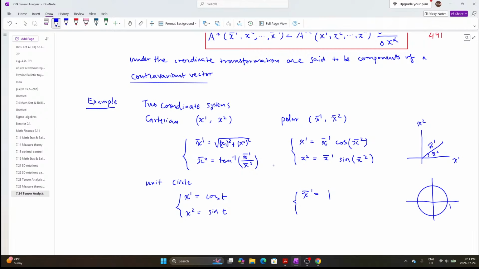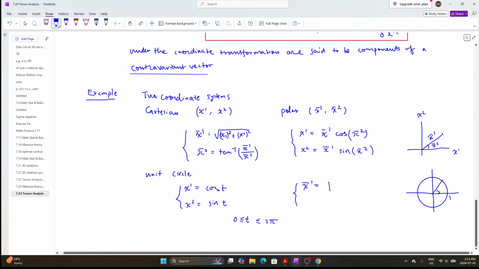This is from Cartesian to polar, and this is from polar to Cartesian, the other way around. And remember, the parameter t has a meaning here. t is this angle.